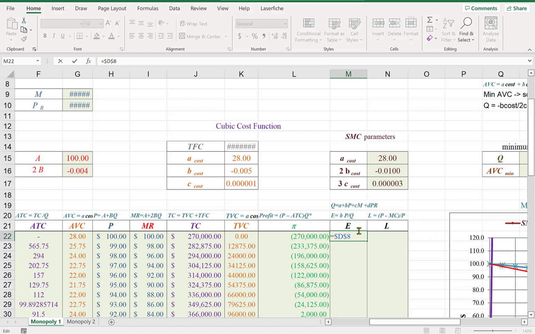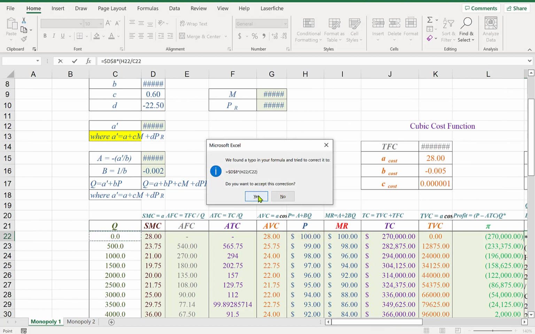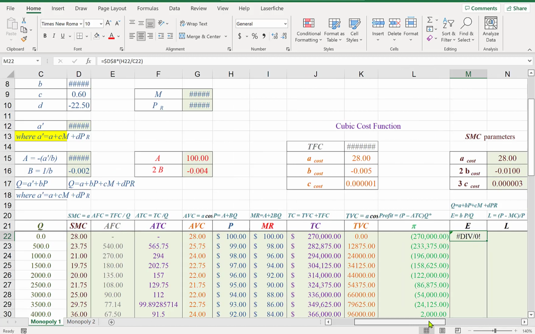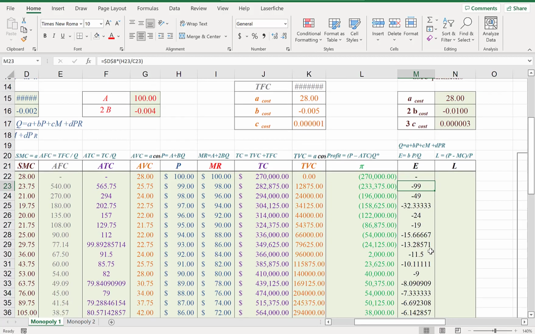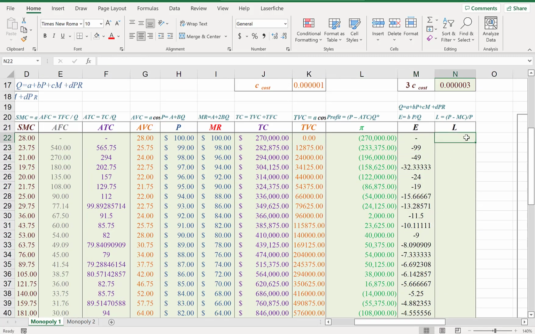Times, open parentheses, price divided by quantity. For the first unit, again, we're going to get an issue here. That's fine. Go here in the corner, double click, and we can calculate elasticity here. Look, elasticity changes, a negative number as expected.